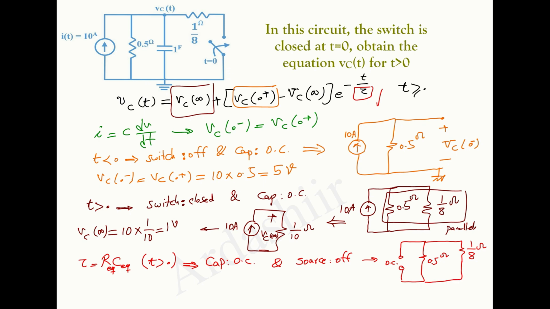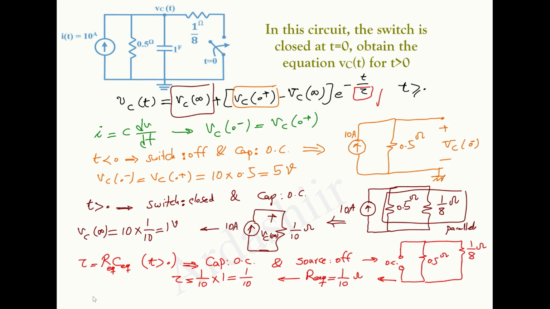And so the R equivalent is 0.5 in parallel with the 1 over 8 ohm resistor, and the equivalent of these resistors equals 1 over 10 ohm, and so tau equals 1 over 10 times 1 farad, and equals 1 over 10.